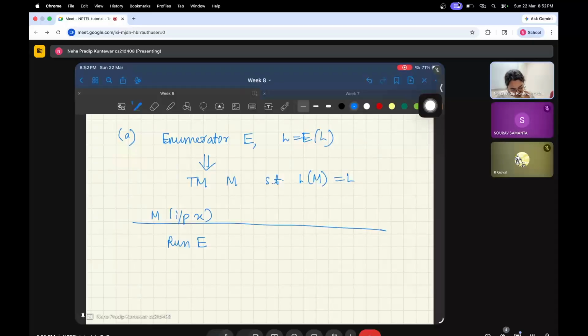What you do is, if the output of E matches X, then accept. And you are going to keep repeating this.